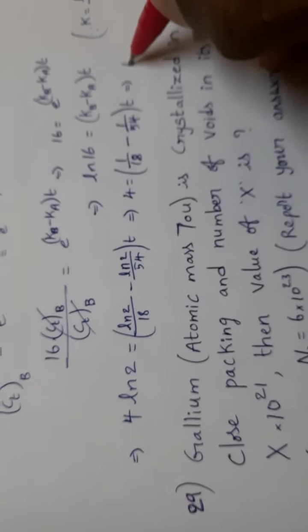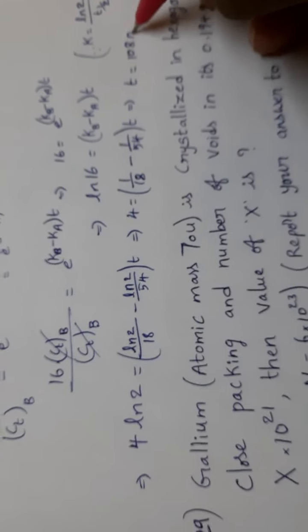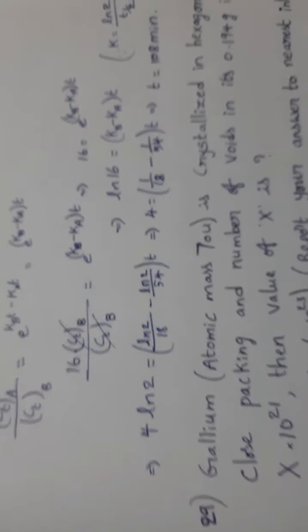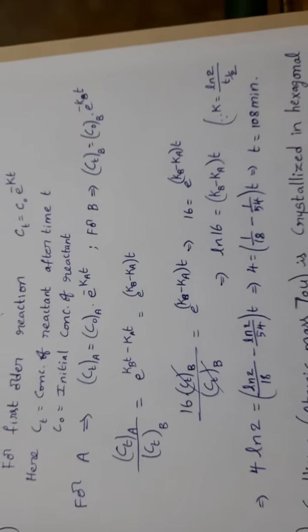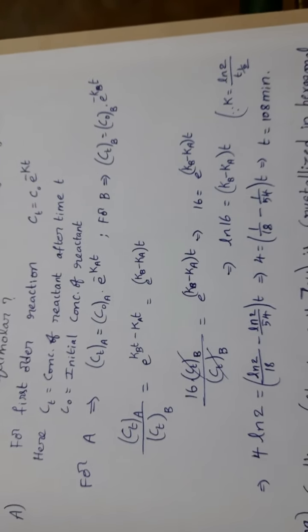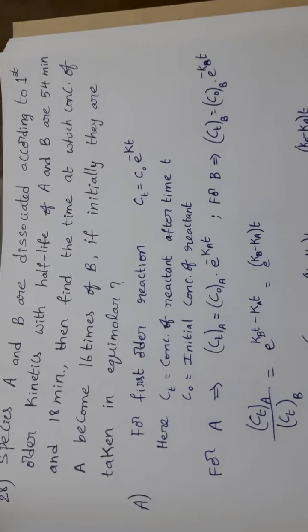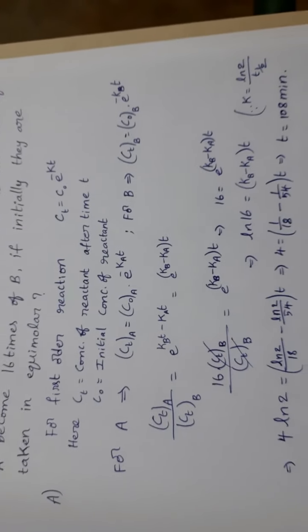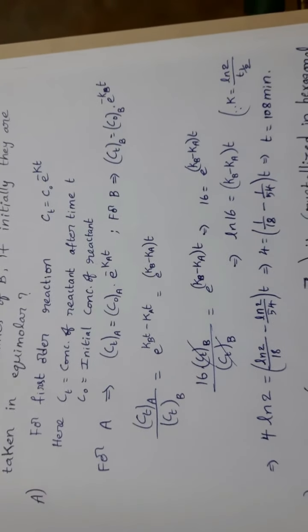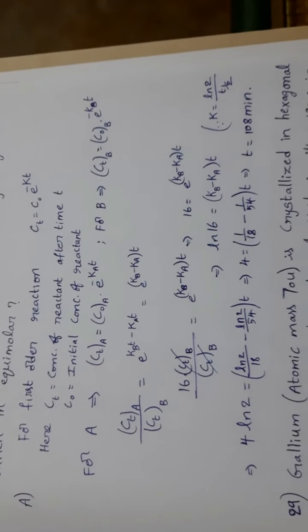That implies t equal to 108 minutes. So finally this is the answer. After 108 minutes, the concentration of species A becomes 16 times that of species B. Okay students, I hope you understood this question. Next, see the next question.